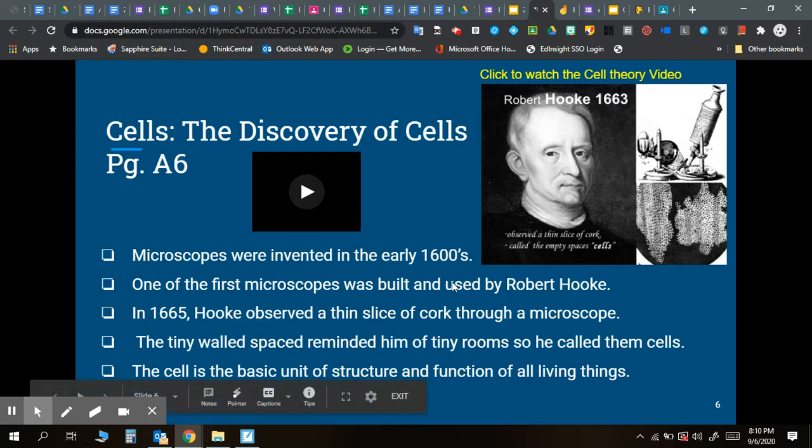The tiny walled spaces reminded him of tiny rooms, so he called them cells. Up here in the upper right-hand corner is what he saw when he looked through that microscope, and this is a picture of that first microscope. The cell is the basic unit of structure and function of all living things, and that's what he found.